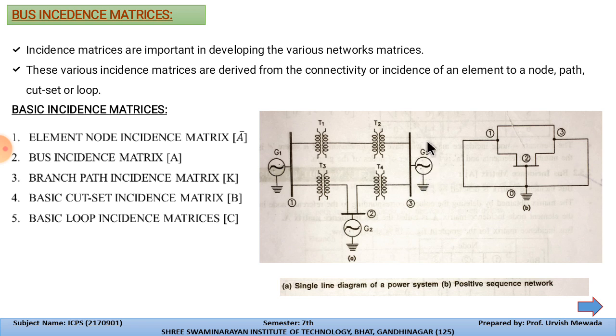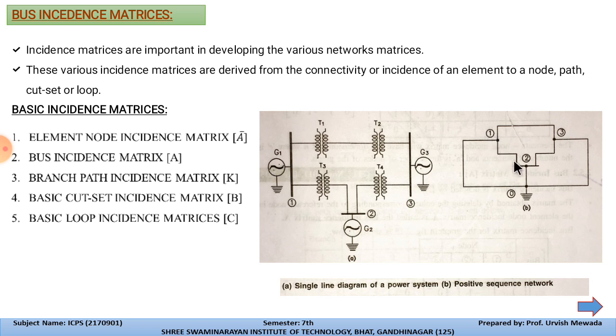If we want to convert this into a graph, as I explained, we indicate all the elements with a straight line or single line. Here this is the positive sequence network. In this you can see that we indicated nodes with circles, meaning this is the node at which the three lines are meeting.